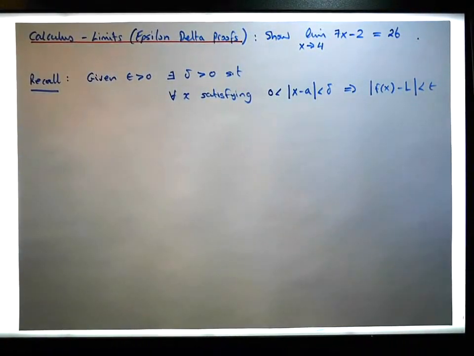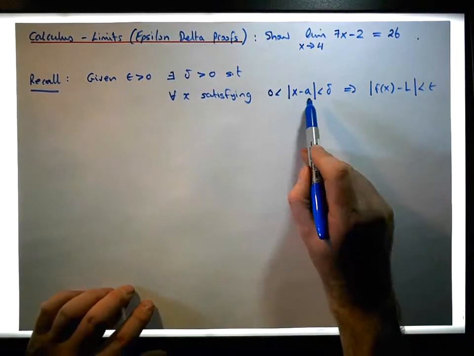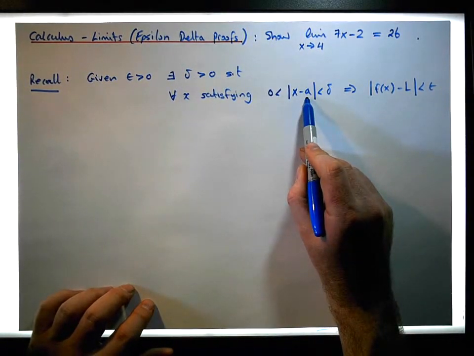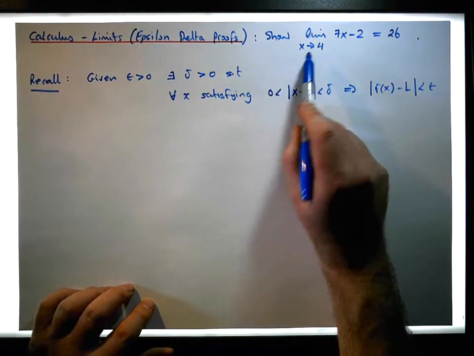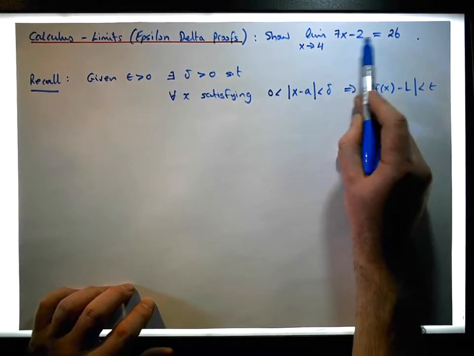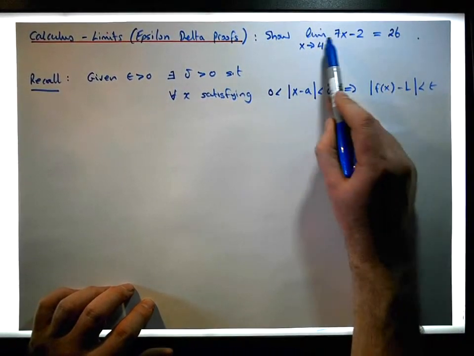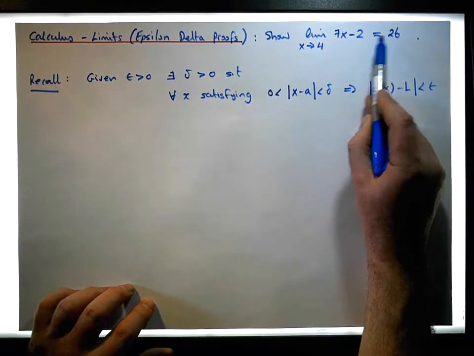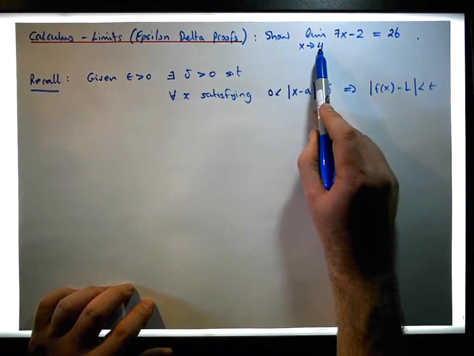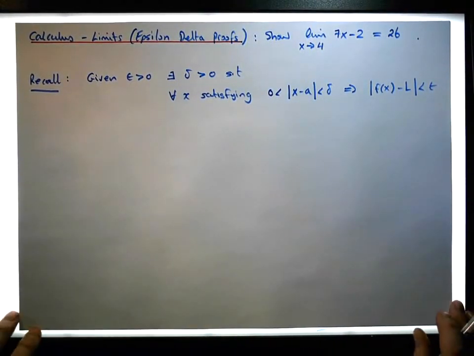Keep in mind that a is what x is tending to, f of x is the function, and L is the limit that the function is equal to as x tends to the value a.